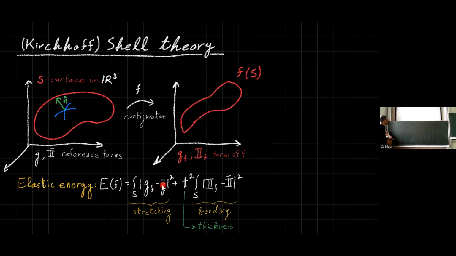This is the stretching part, and then you have a bending part that measures how much their second fundamental forms differ from one another. Okay? And you have your parameter t that stands for the thickness, and we'll see where it comes from in a second.